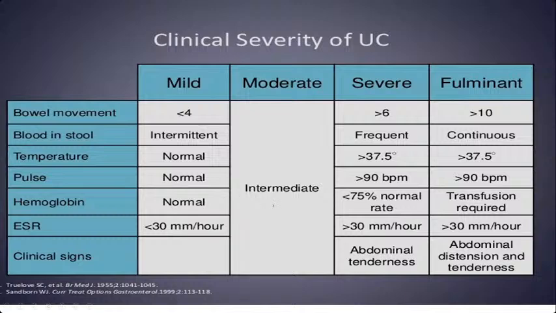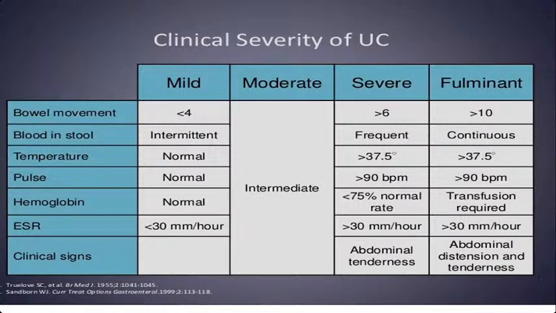Hemoglobin generally is normal with mild disease, but in severe and fulminant disease, they may actually bleed enough to require a transfusion. And all the lab indicators for an inflammatory disease are raised, such as ESR and CRP.